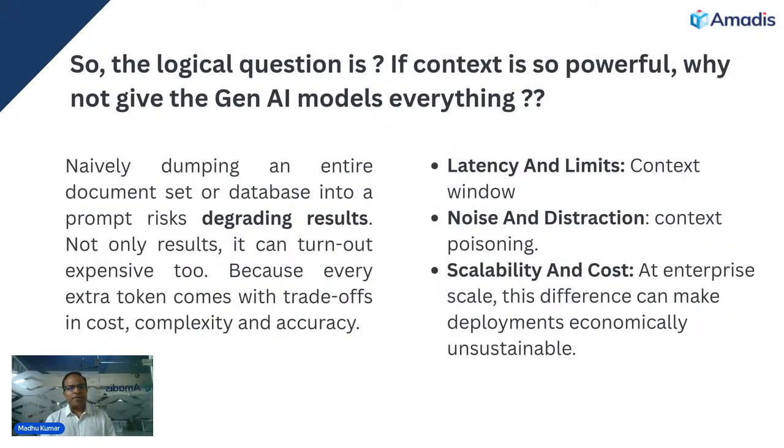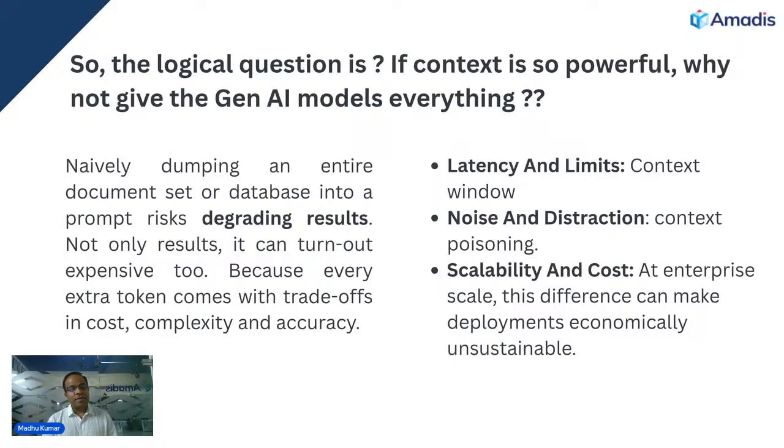Because if context engineering is so easy, so logical, generally people ask, or wherever I go, the logical question is, if it is so powerful, why don't you give gen models everything? That's where you need to be prudent.